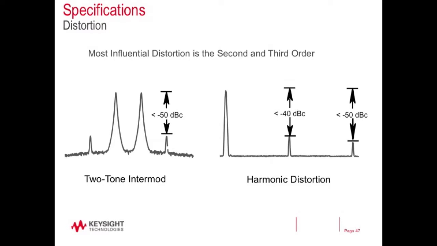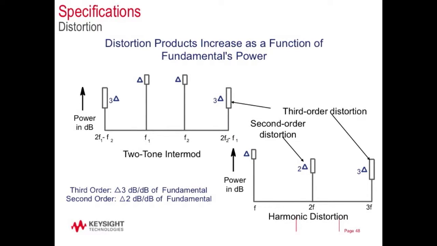The key thing to think about is that as the power goes up on the fundamentals, if you increase this 1 dB, then your third order products will go up 3 dB. If I increase this 2 dB, this will go up 6 dB. Same thing on the harmonics. The second order harmonic goes up 2 dB as this goes up 1 dB.